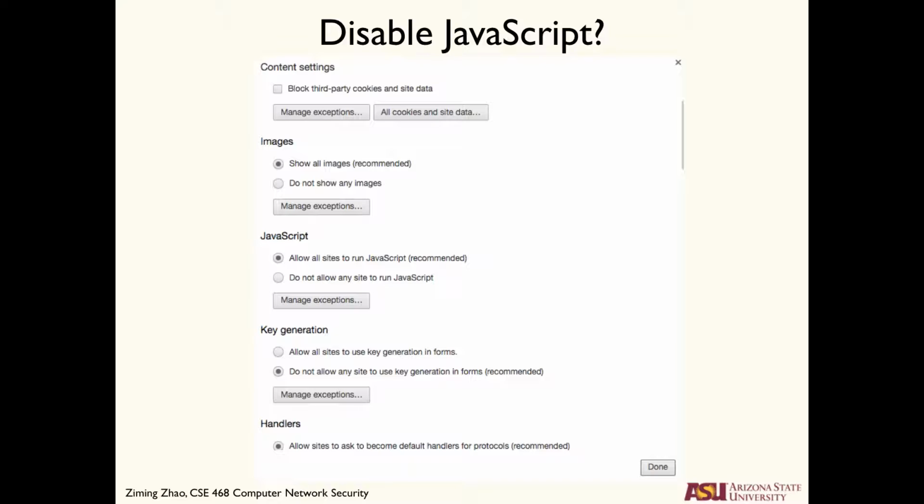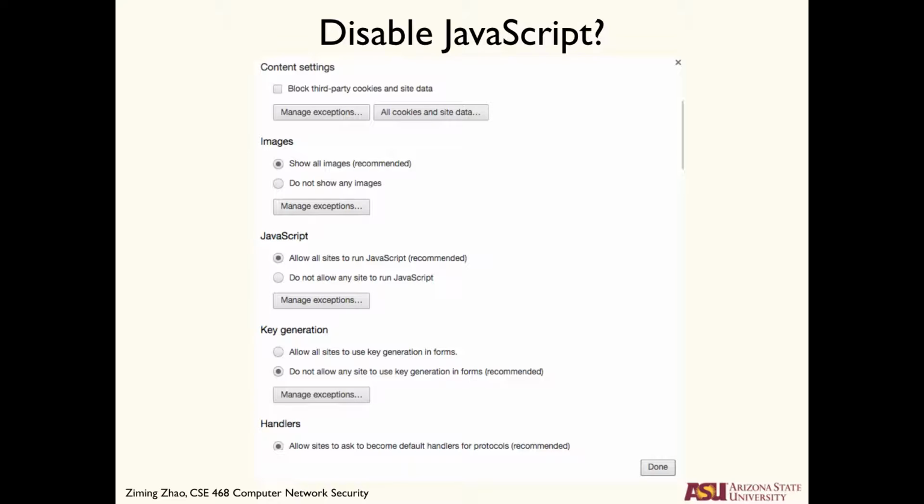I think this is Chrome, so you can disable JavaScript there. But if you disable JavaScript, you are losing some functionality of this website. So it's not really a very good option, and even Chrome here is not recommending you to disable your JavaScript engine.